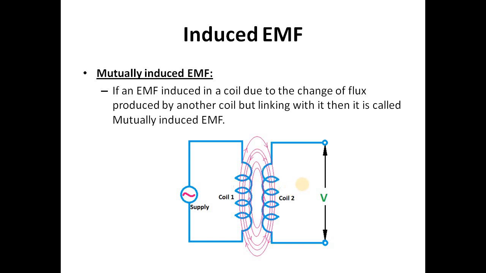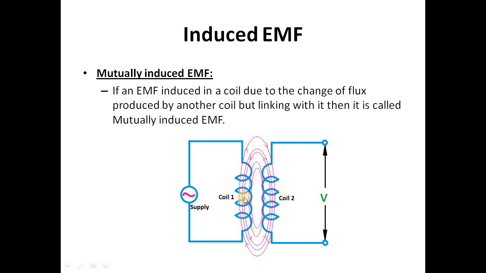In case of a mutually induced EMF, we have two coils, as you can see in the diagram, coil 1 and coil 2. In this case, we'll be giving the supply to coil 1, and as the alternating supply is given, alternating current flows, and because of this alternating current, alternating flux will be generated.